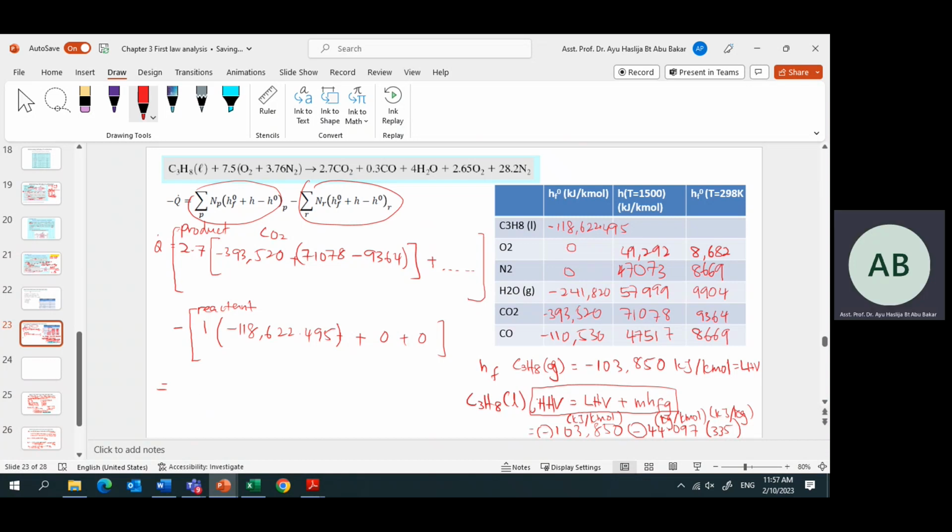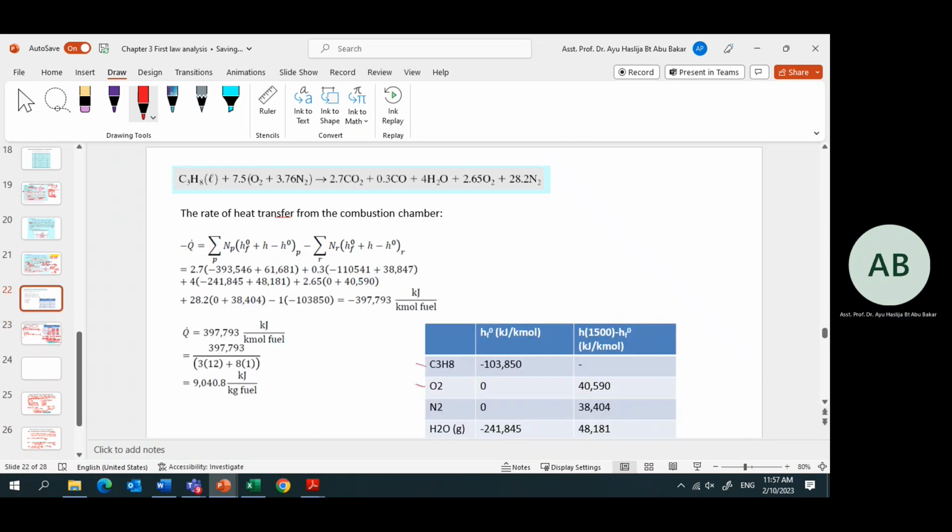Okay, from there, the final answer would be this one. Negative 397.793. Sorry, no, it is not this one, because this one is using gas.